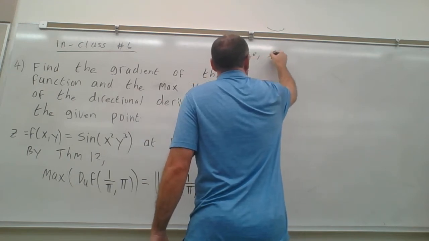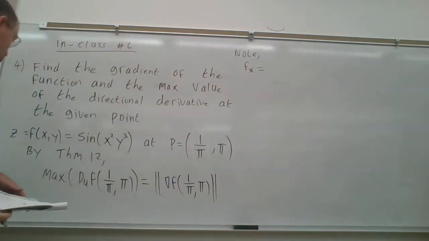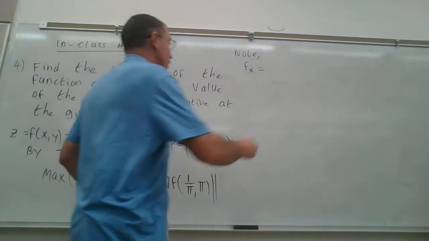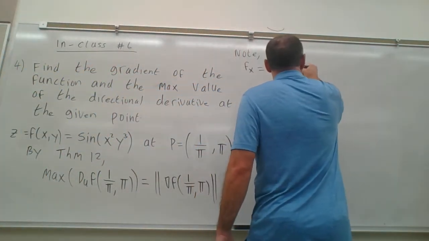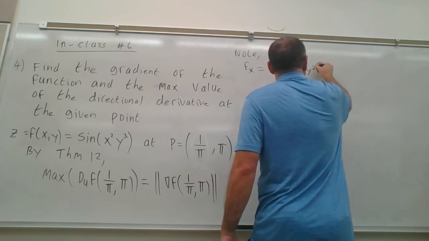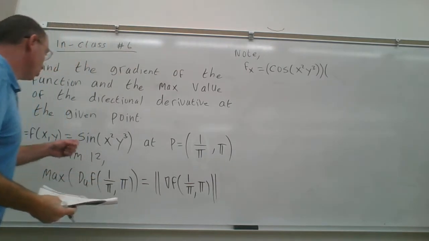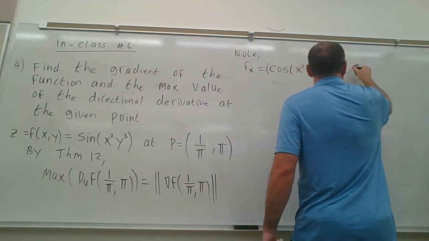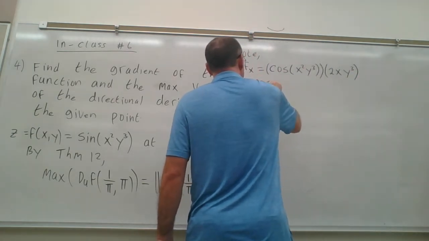our f_x, so derivative of this with respect to x, so the derivative of sine is cosine of x squared y cubed times the derivative of the inside with respect to x, so it'll be 2x y cubed. f_y.